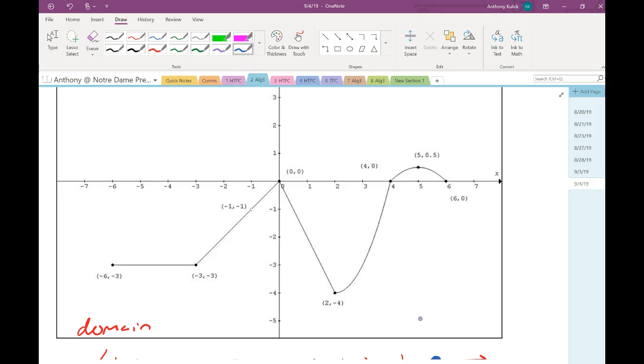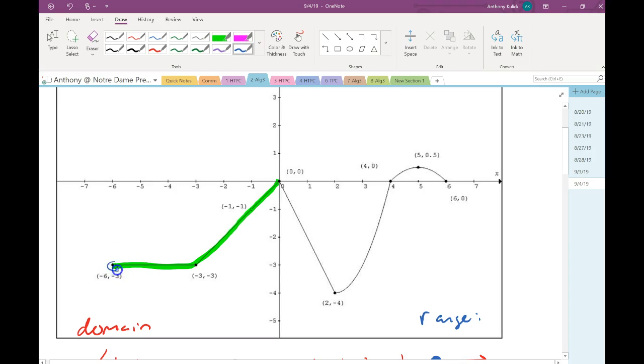So for the range, what I'm going to do is look at this graph just as two halves. So I'm going to look at this half of the graph first. If I look at the range, we're talking about the y-coordinates. So where I'm going to do my drawing is going to be on the y-axis.